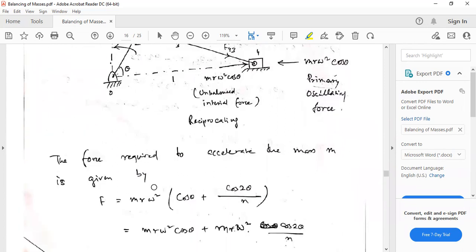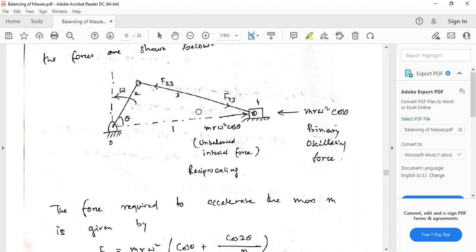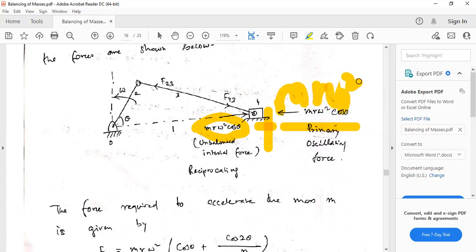It has been found that the total unbalanced force in a reciprocating mechanism like this slider crank is the addition of the primary unbalanced force plus one extra force, that is m r omega square cos 2 theta.